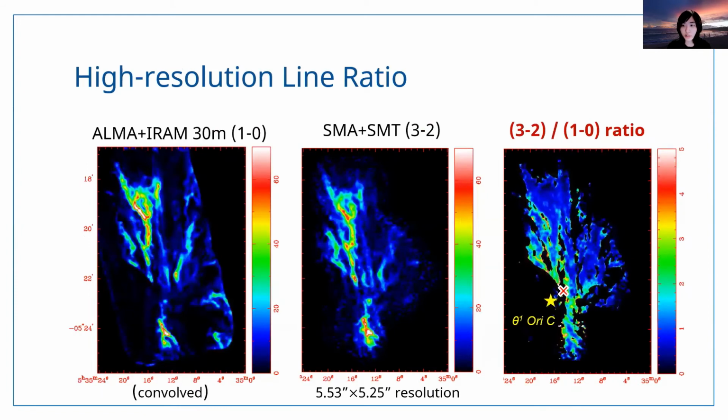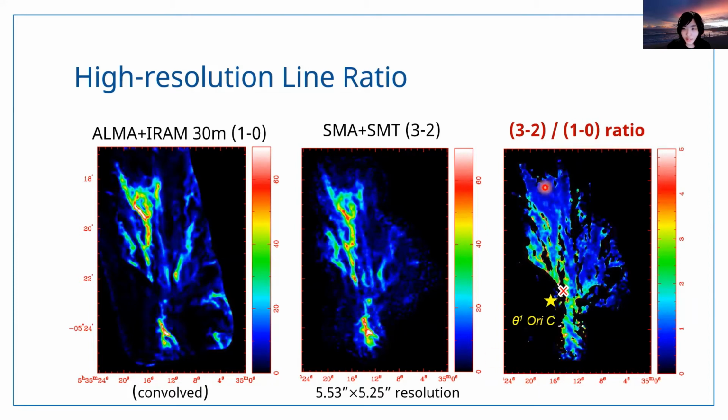For line ratio analysis, we also use the high resolution 1-0 map from ALMA and the IRAM 30-meter telescope. From both the 1-0 and 3-2 moment zero maps, we can see that there are high intensity cores inside the filaments.